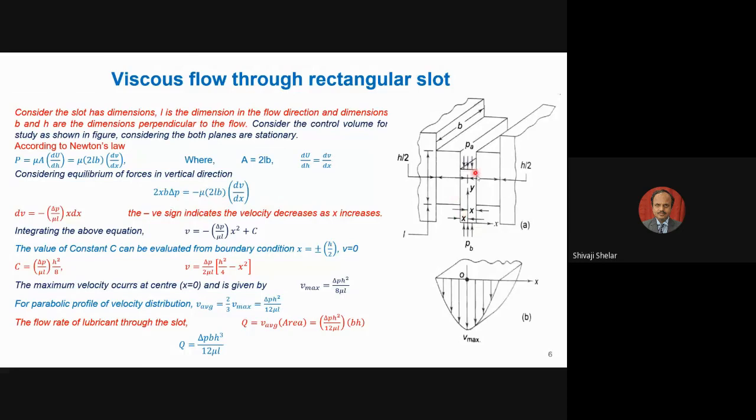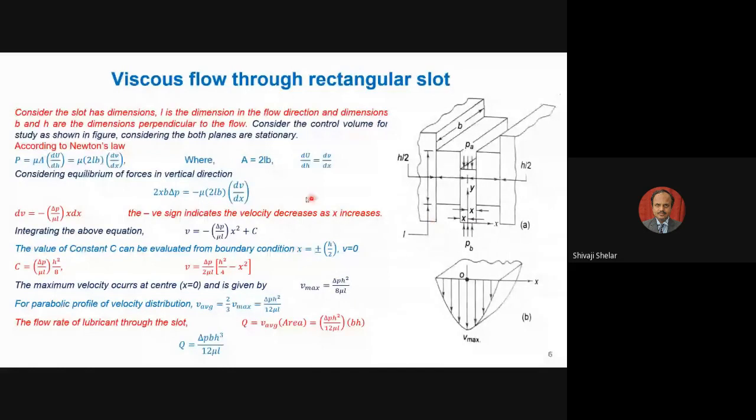So this control volume is in equilibrium under the action of the downward vertical force because of the pressure difference and the upward viscosity force. You may ask why this negative sign is used. The negative sign indicates the velocity decreases as x increases, if you go from the center line away.